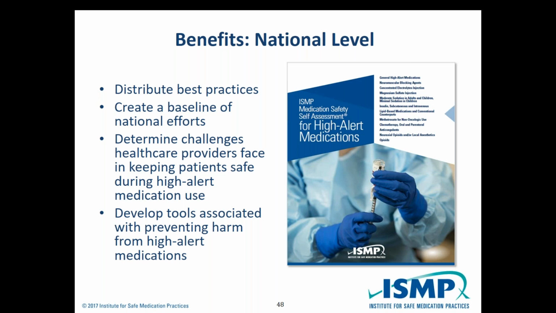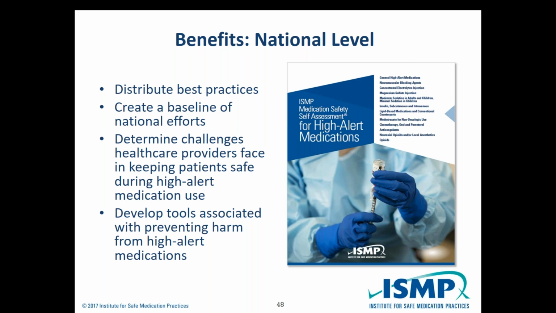And again, this is something that way back in 1999 or 2000, when we began with our first assessment, we had said, you know, ISMP gets error reports. We are out there performing risk assessment consults in hospitals and ambulatory sites, and oftentimes we want to know the scope of some of these things that we see. Is that in more organizations or fewer organizations that we may be able to get involved in?